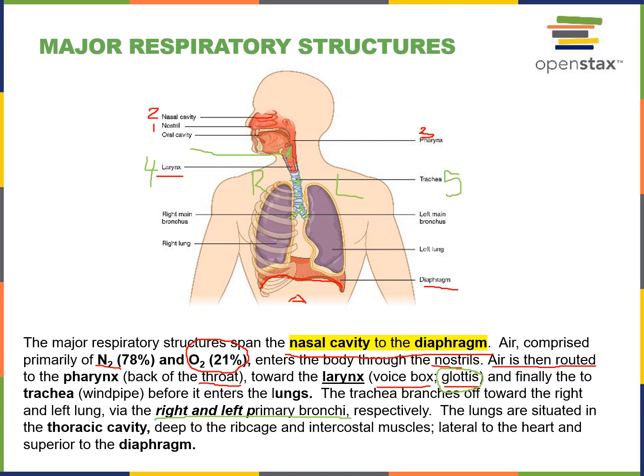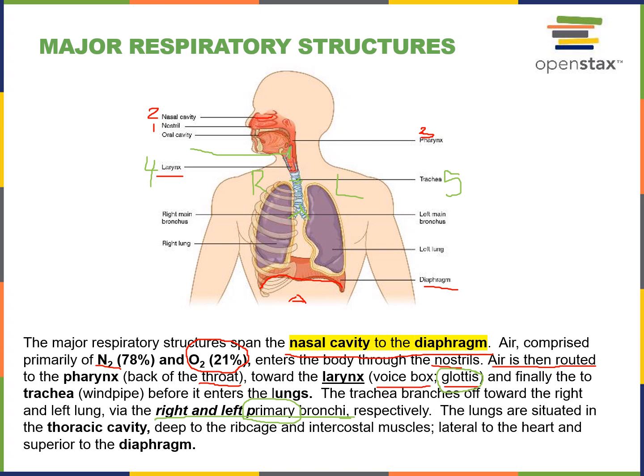Bronchi is plural, bronchus is singular. So right and left primary. Primary is the important word here. The trachea does not enter the lungs. The trachea bifurcates, which is another word to say it branches into two. One branch goes into the right lung, the other into the left lung, and those are referred to respectively as bronchi, or bronchus, singular.